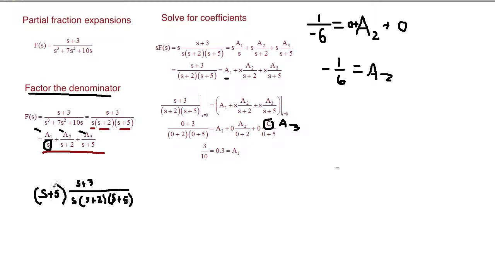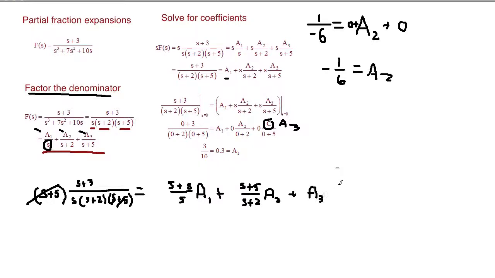And of course, the s plus 5's cancel here. And this is equal to s plus 5 divided by s times a1 plus a2 times s plus 5 divided by s plus 2 plus s plus 5 divided by s plus 5, which just gives me a3 here.